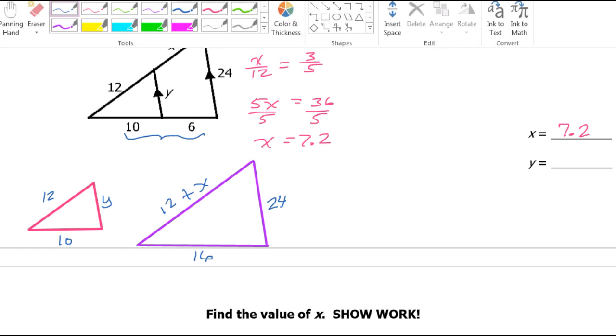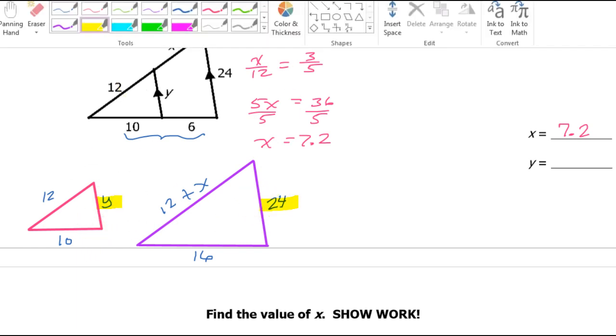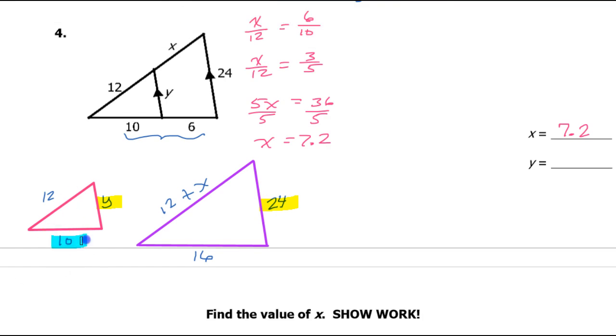So instead, I'm just going to make a fraction out of the y and the 24, and I'm going to make another fraction out of the 10 and the 16. Okay, so I'm going to have y over 24 is equal to 10 over 16.